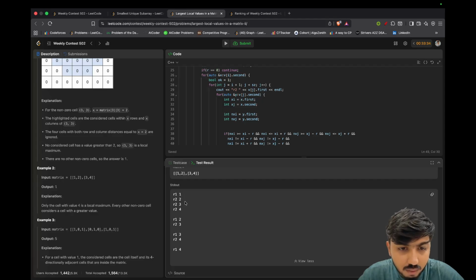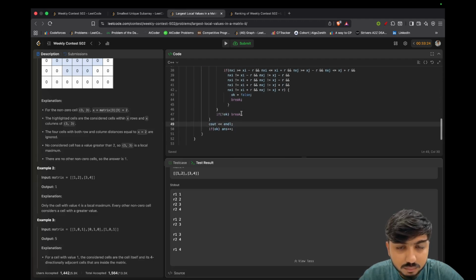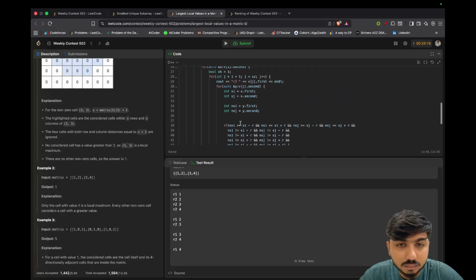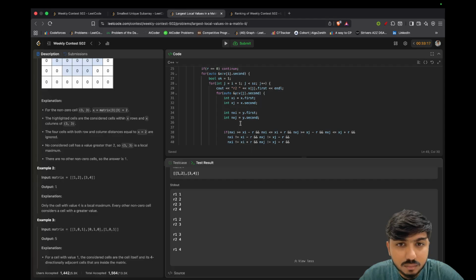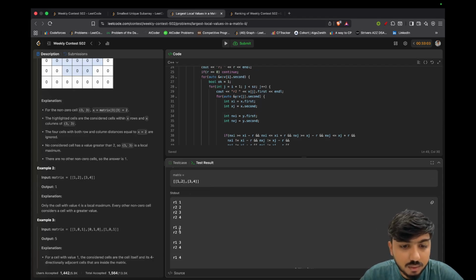For 1 we have looked for 2, 3 and 4. For 2 we only look for 3. Why we haven't looked for 4 here? That's the main concern.